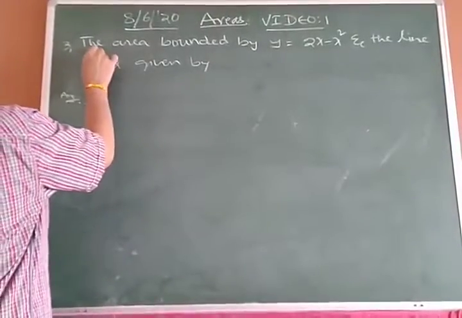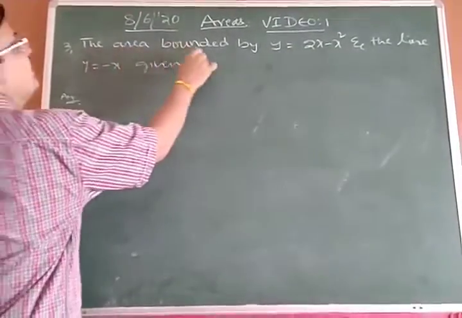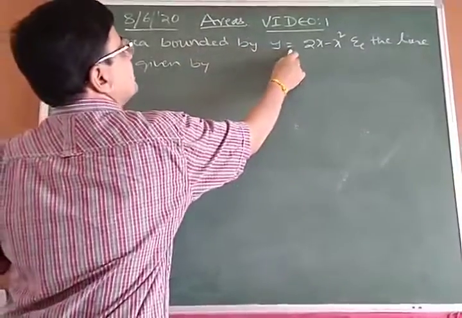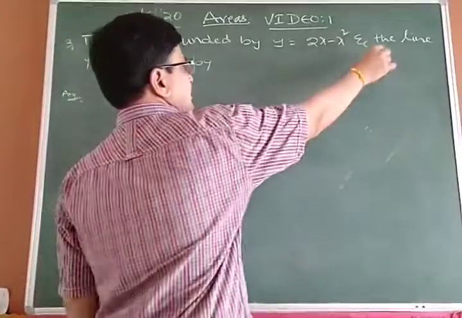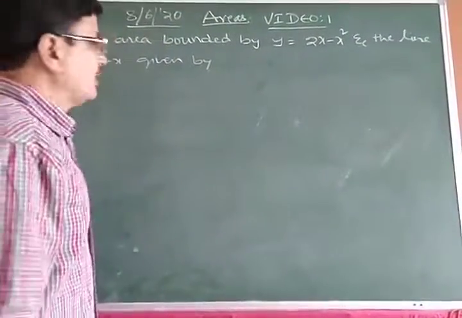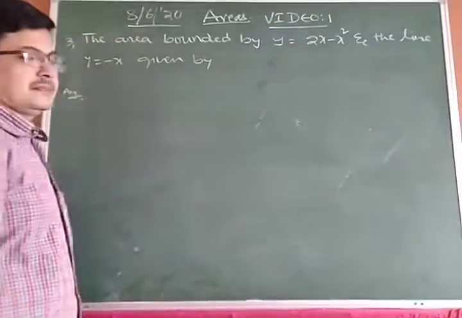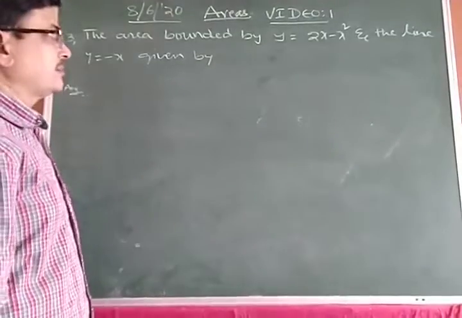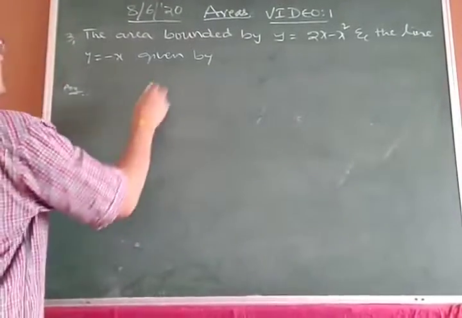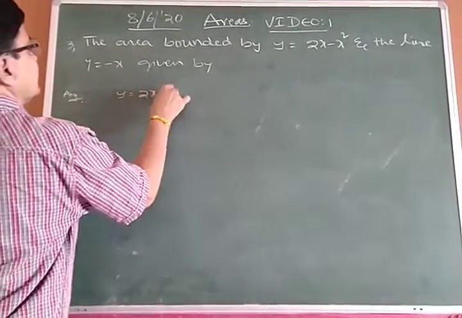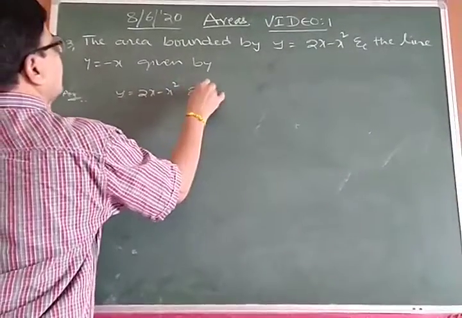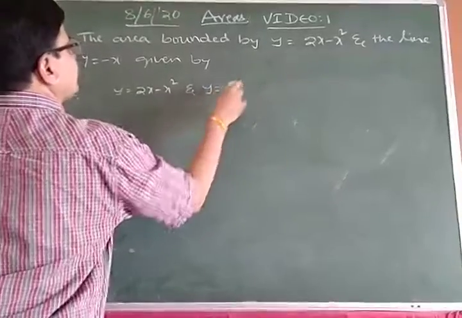Third question. The area bounded by y is equal to 2x minus x square and the line y is equal to minus x is. Given curve is y is equal to 2x minus x square and the given line is y is equal to minus x.